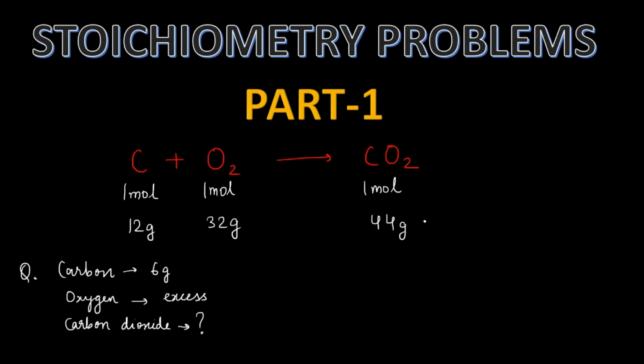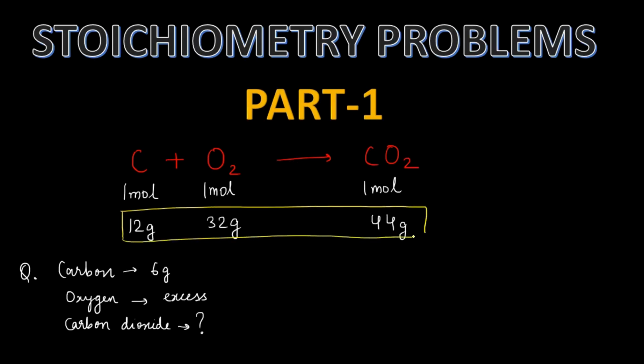Now, to solve this, we just have to use this as the reference line. It is given that 6 grams of carbon and excess oxygen, so we don't need to consider oxygen over here.